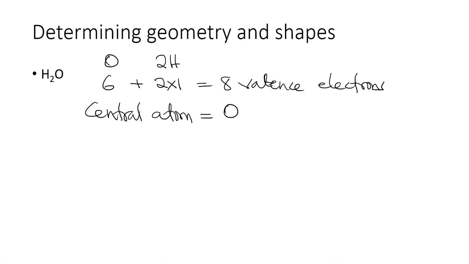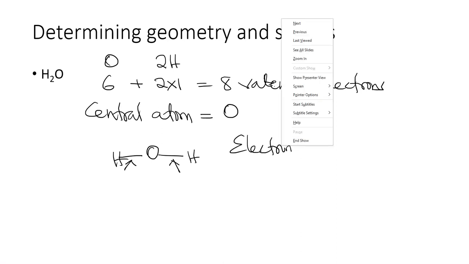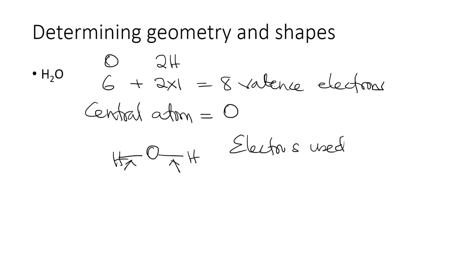Then connect side atoms to the central atom. So I'll take oxygen, which is the central atom, and then connect hydrogens to the central atom. Then give 2 electrons to each hydrogen. So each stick here is 2 electrons. So what we are saying is electrons used is equal to 4.